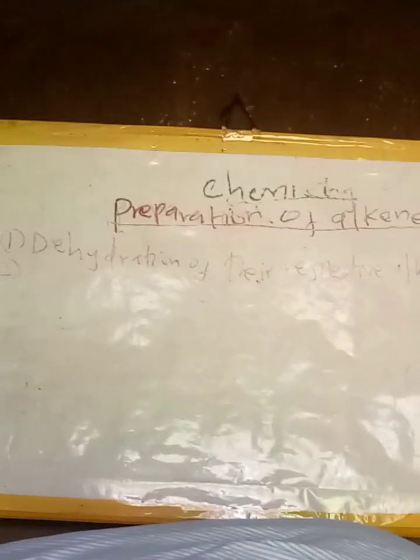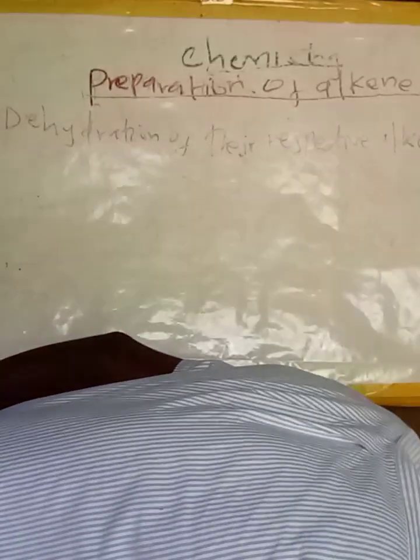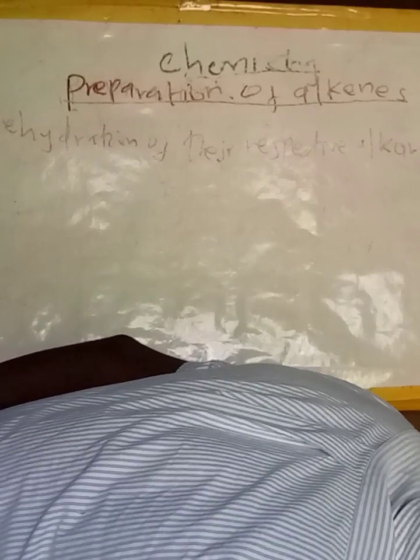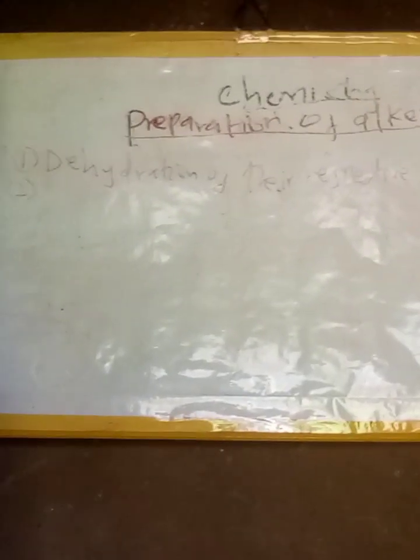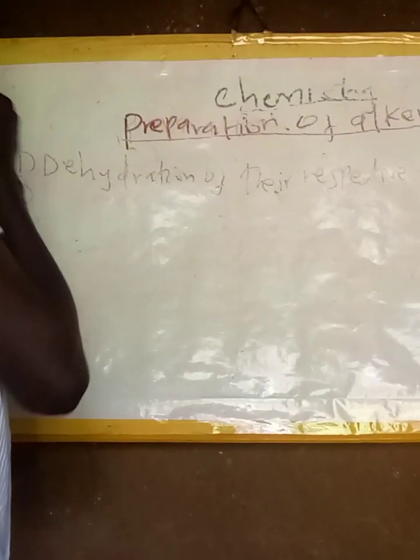Then the second one is... so let us start with the first one, dehydration of their respective alkanols. Then we shall look at the second method of preparing these alkenes.